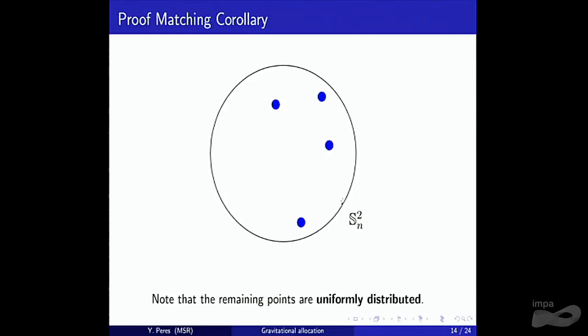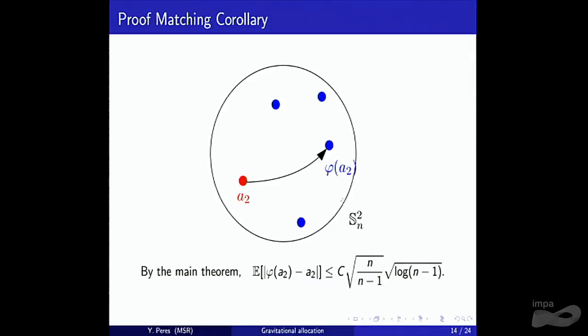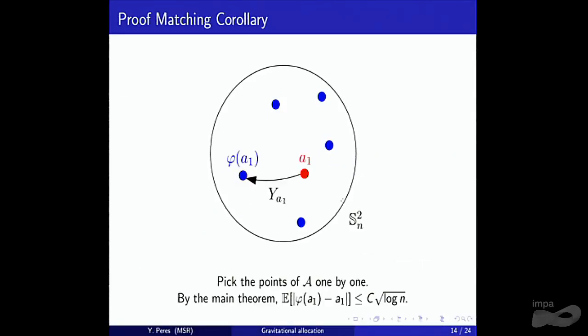We repeat. We're going to take a second one, and so on. Now, why will we be able to analyze this? Maybe a more natural scheme, which doesn't work as well, is to throw down the first red point and match it to the closest blue point, kind of online greedy. The problem is that when you do that, you are biasing your collection of remaining blue points, because the blue point with a large Voronoi cell is most likely to be matched in the first round.